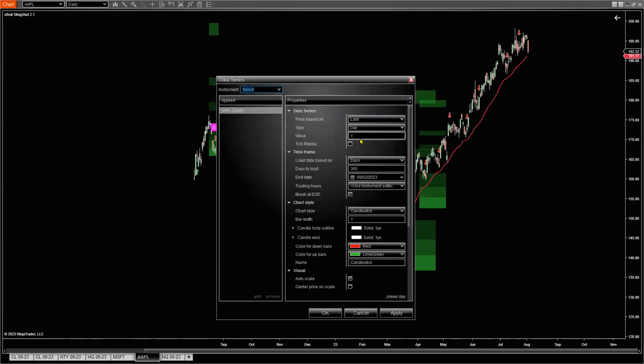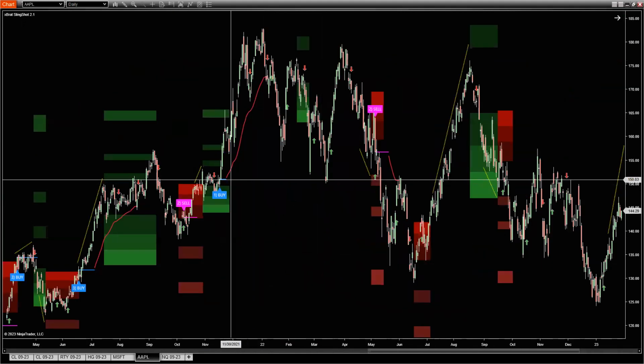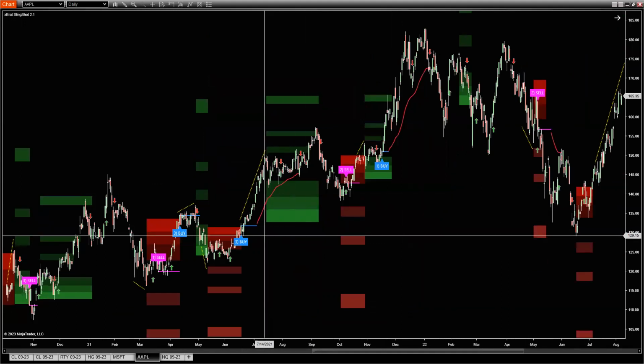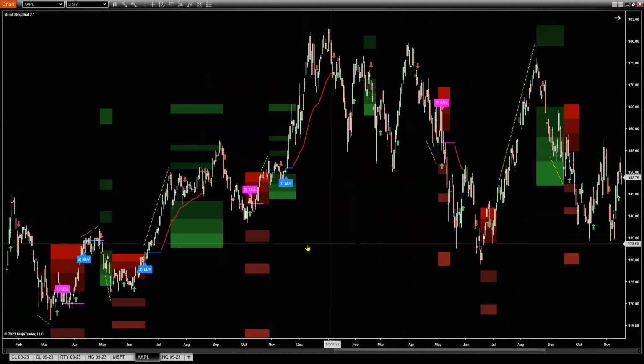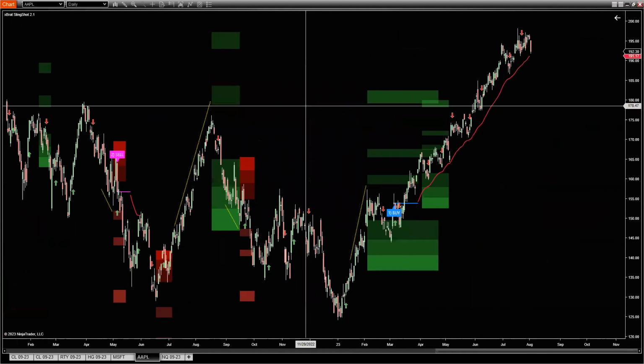I tested this for 10 years and all the buy signals were good. So let's go 2000 days, otherwise it'll take forever to load the data up. There's the previous buy signal here. Boom. Here's the previous buy signal there. Boom. So as you can see, for swing trading stocks as well, it's pretty awesome.